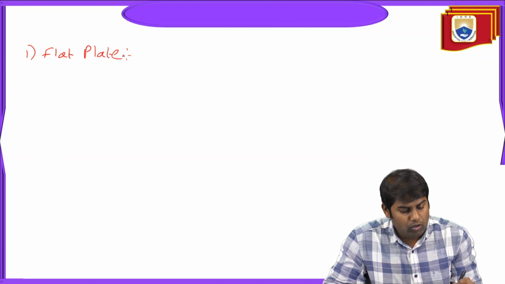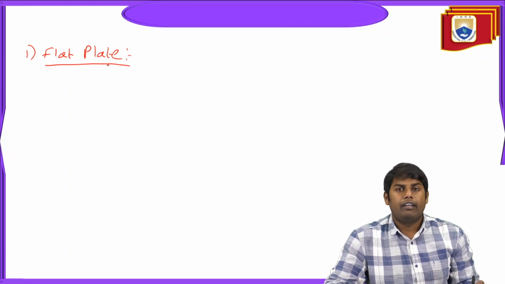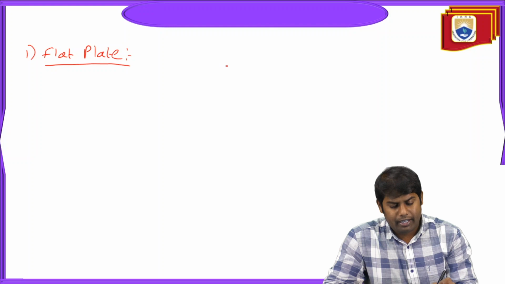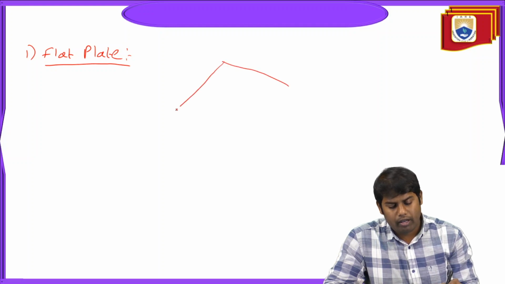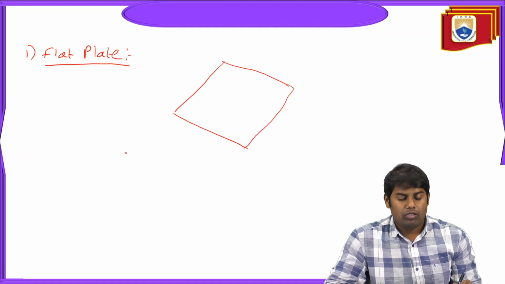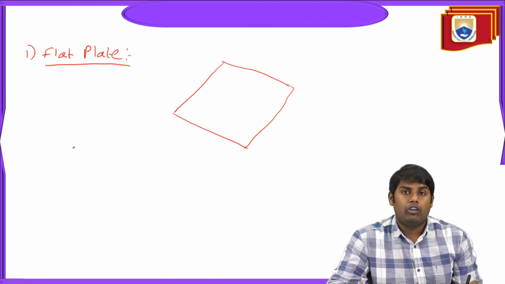Okay, so I just want to simulate a flow over a flat plate. The plate is either 2D or 3-dimensional. If you consider it 3D, you will have thickness, length, and breadth.